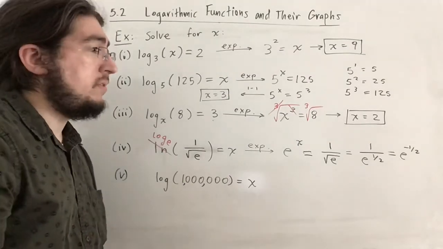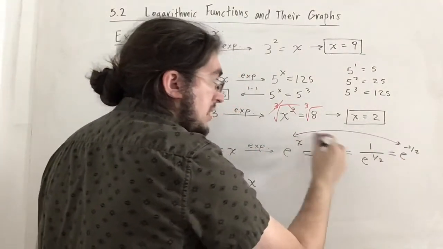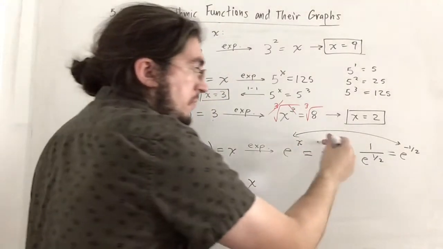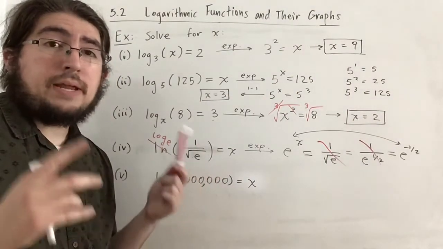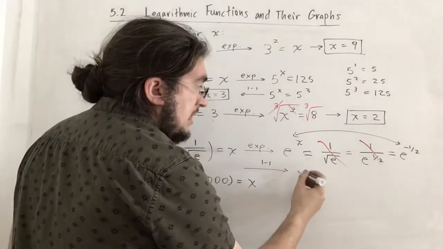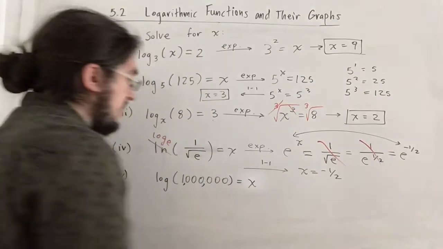They mean reciprocals. Now, if we just relate these two, ignoring the middle two, then using the one-to-one property of exponents, what can we say? Finally, we can say that x is equal to negative 1/2. Perfect.